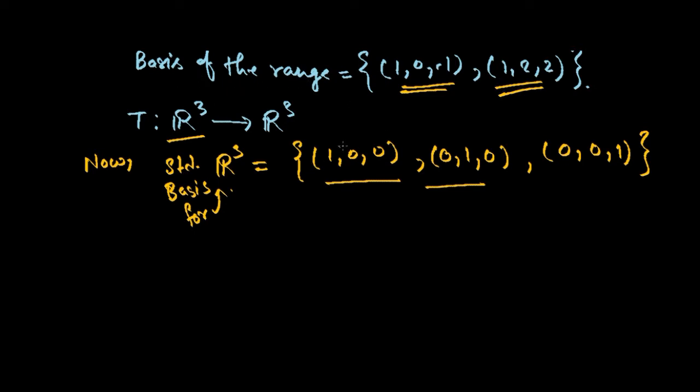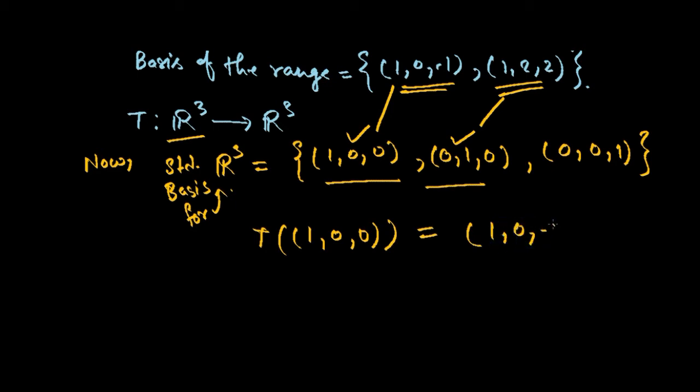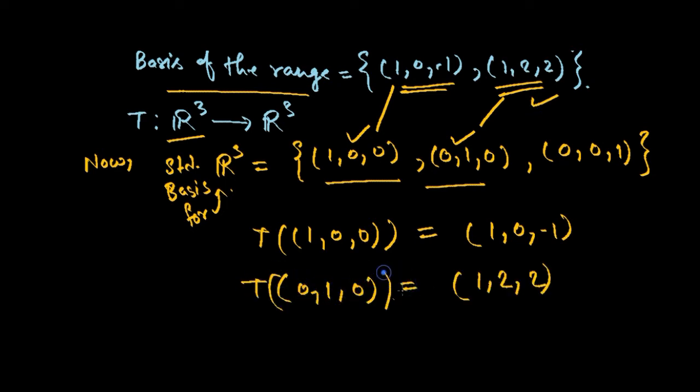If we take any two vectors from here and assume that they map to these two vectors respectively, suppose that T of our first vector from the basis is mapped to the first vector of the basis of the range, that is T of (1, 0, 0) is equal to (1, 0, -1), and the second vector of the standard basis is mapped to the second vector of the basis of the range, that is this. So T of (0, 1, 0) is equal to this.